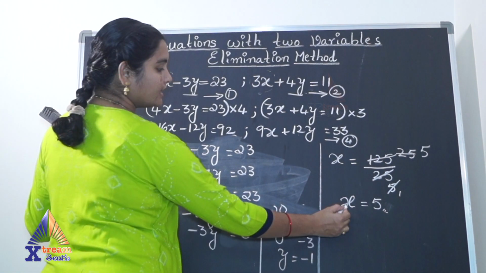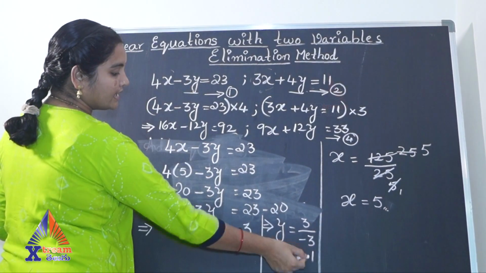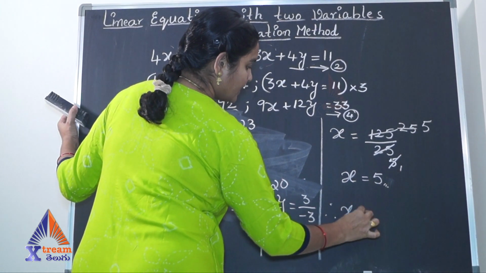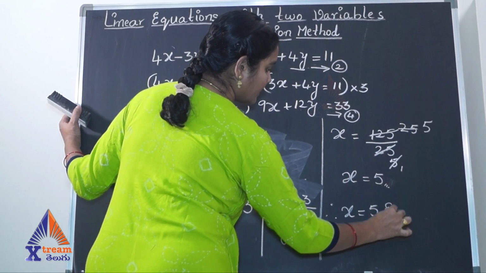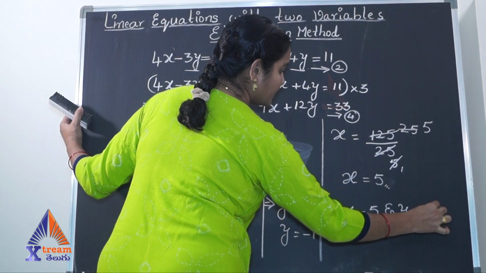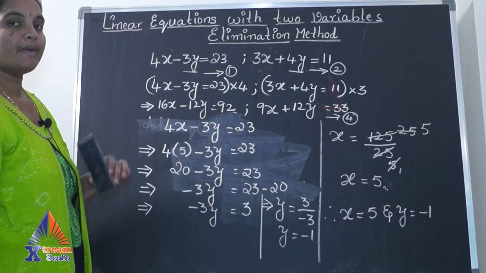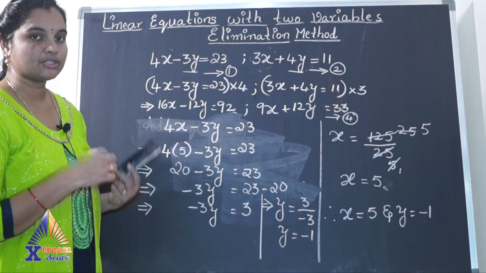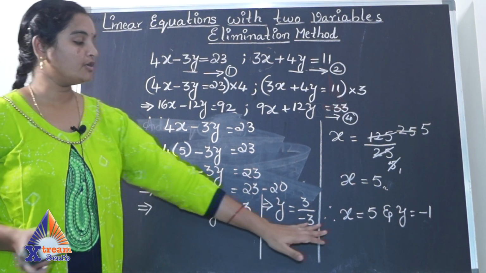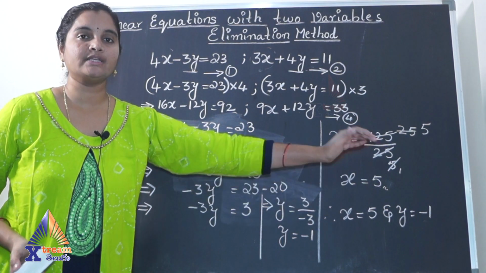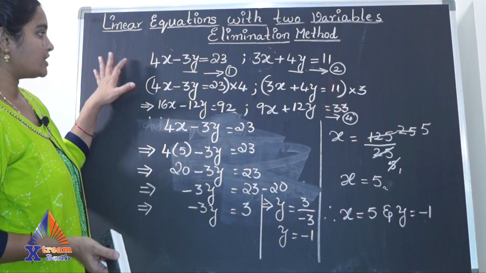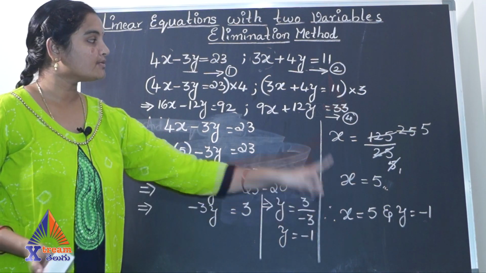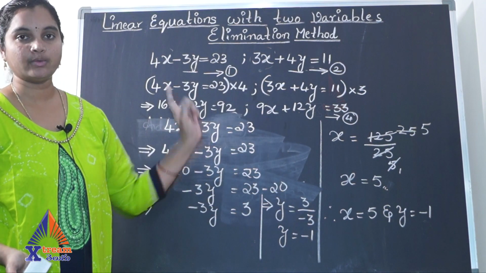So already we got x is 5 and we got y is minus 1. So therefore you can conclude x is 5 and y is minus 1. But as I told in the previous video, before you confirm that x is this and y is this, you better check by substituting in any one of the equations.